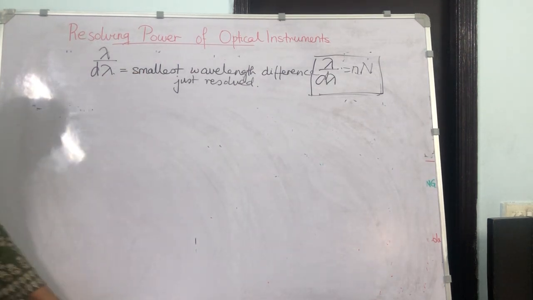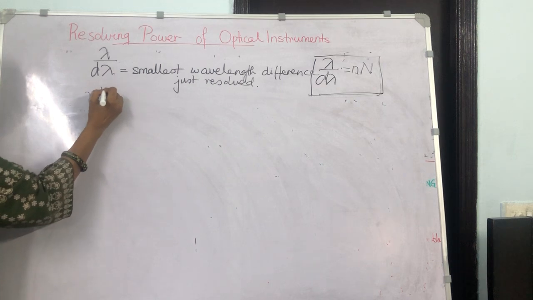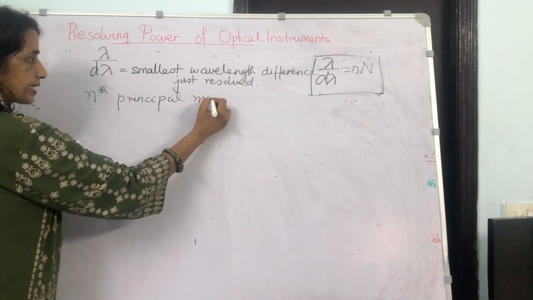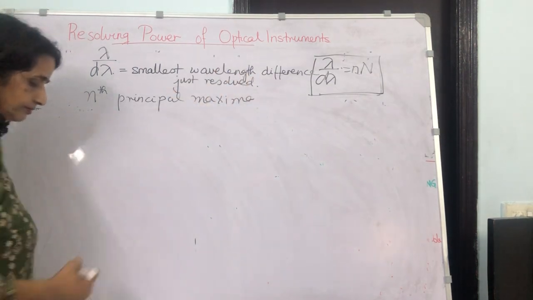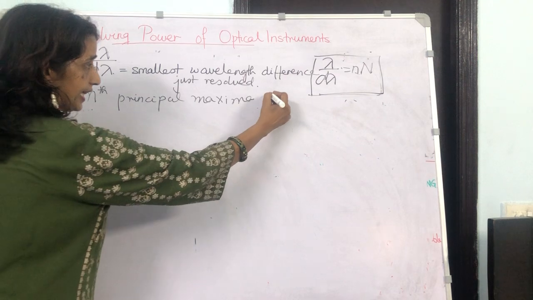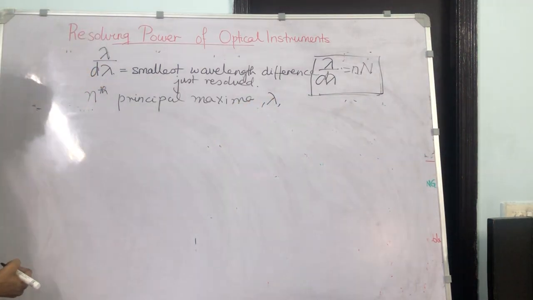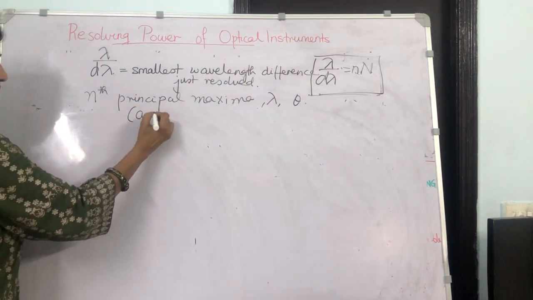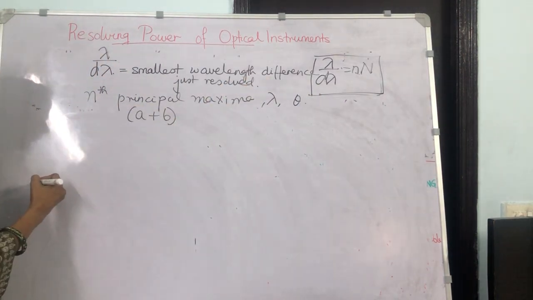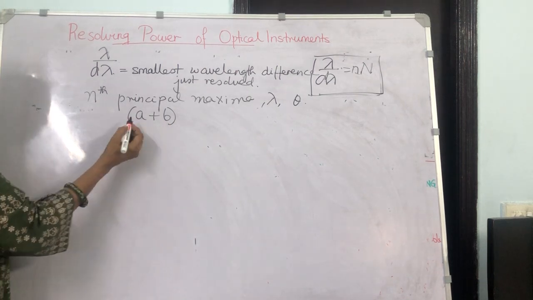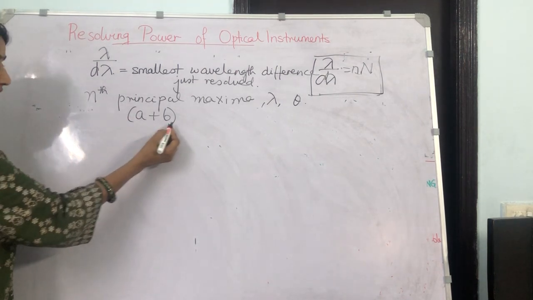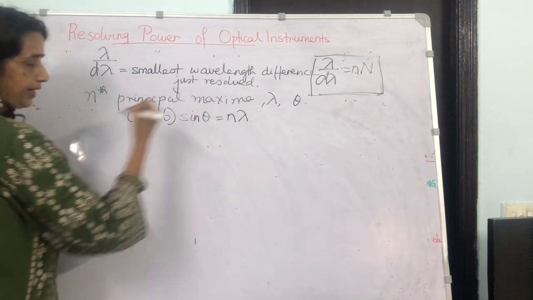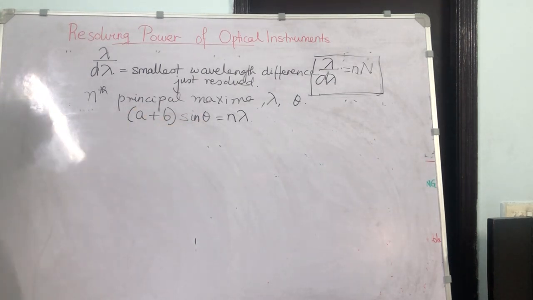Let the nth principal maximum due to wavelength lambda be formed in the direction theta. Then the grating equation is (A plus B), which is the grating element, slit width plus opaque space, into sine theta is equal to n lambda, where n is the order of the spectra.